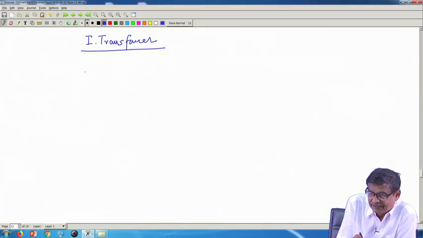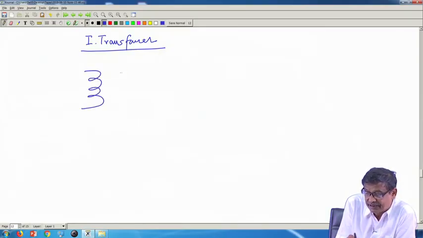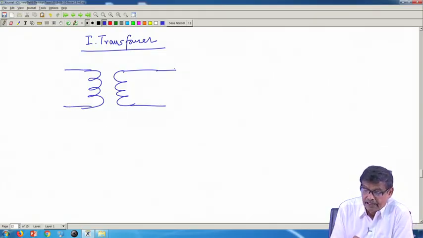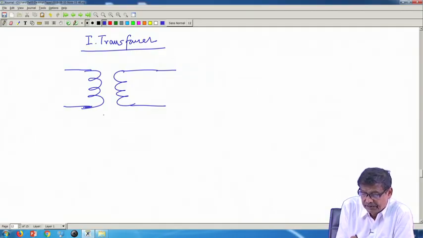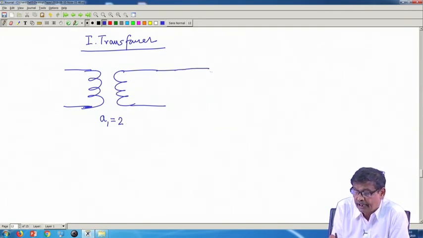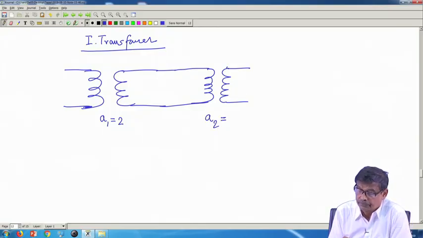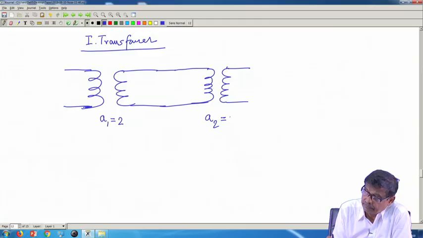Suppose somebody has connected a transformer here, and the turns ratio of this transformer is suppose 2, and he has connected another transformer here, and its turns ratio is suppose half.